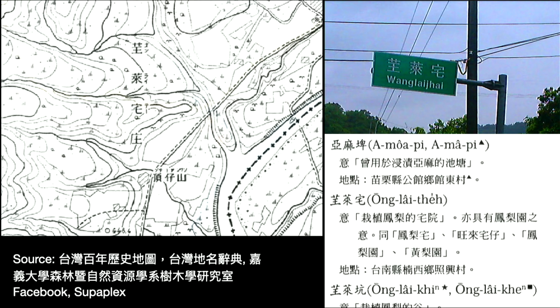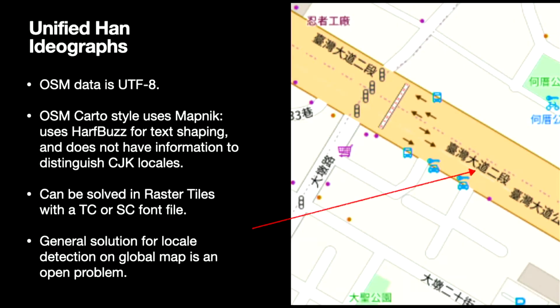And that brings me to the next topic, which is similarly just some characters. Who has heard of Unified Han ideographs before? The issue here is that OSM data is in UTF-8. When they were designing Unicode, they combined some characters from different locales.